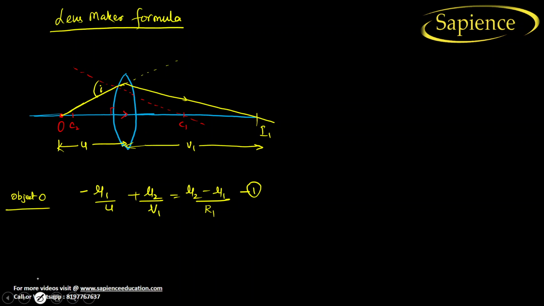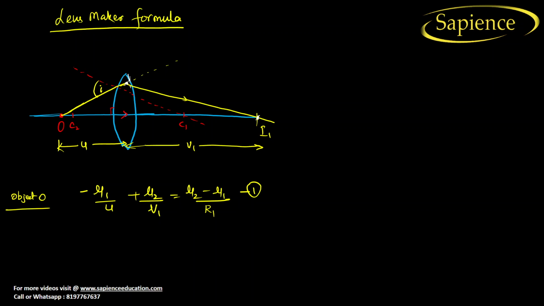Now we talk about phase 2. Phase 2 means this image will act as an object for this layer.